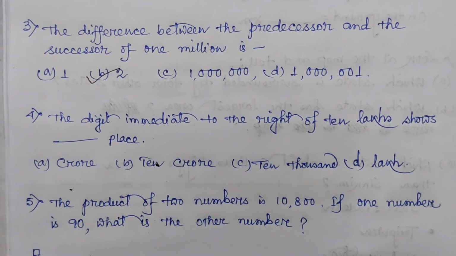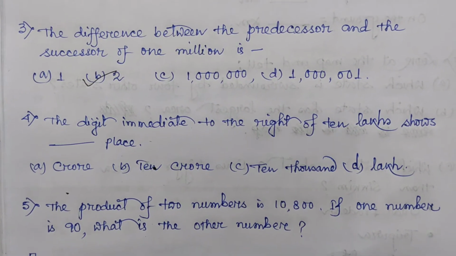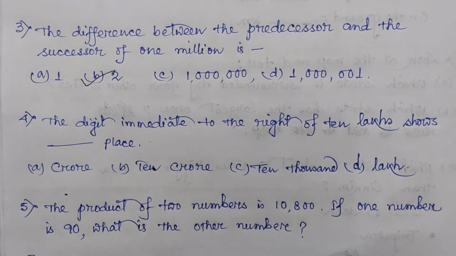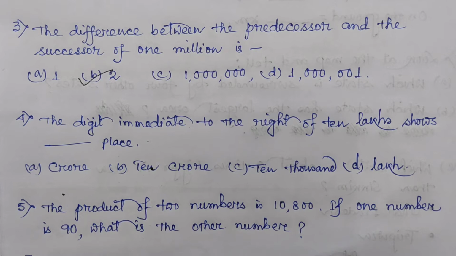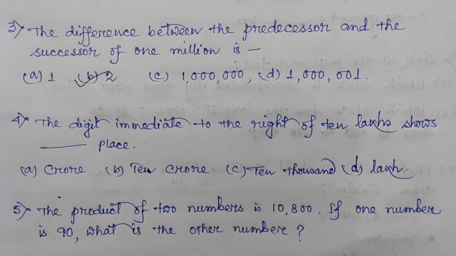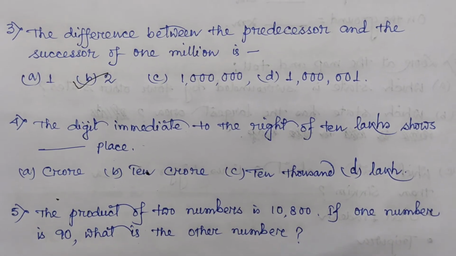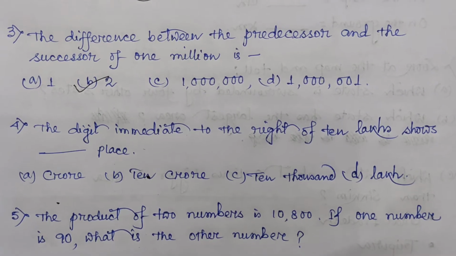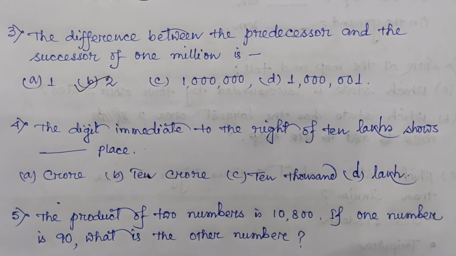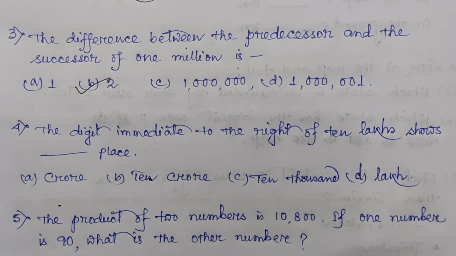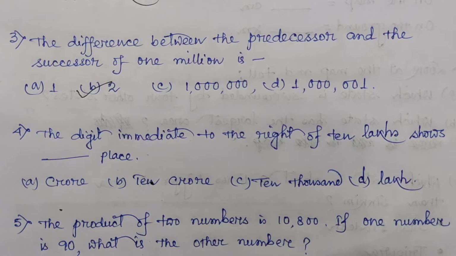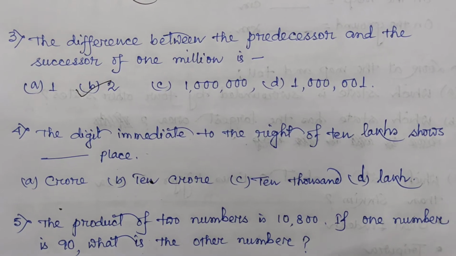Next, number 4. The digit immediate to the right of 10 lakhs shows dash place. Here the options are option A, crore; B, 10 crore; C, 10,000; D, lakh.